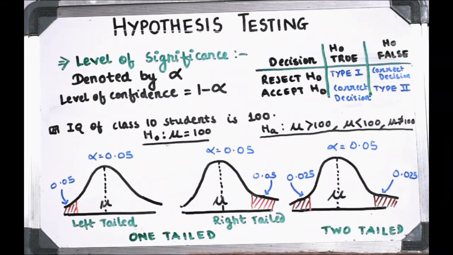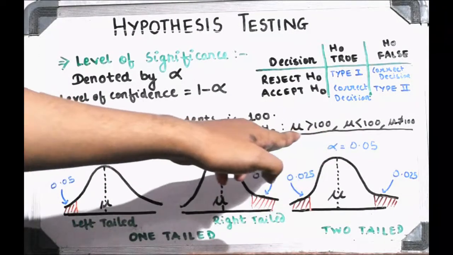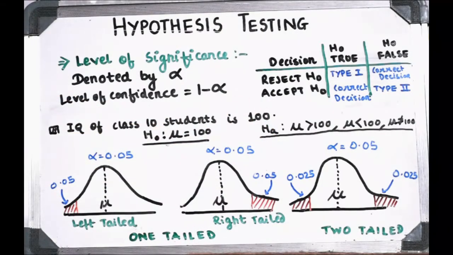He can propose that the IQ of class 10 students is more than 100, or less than 100, or not equal to 100. It can be more or less than 100, but it is not equal to 100. So these can form the alternative hypotheses for the researcher.